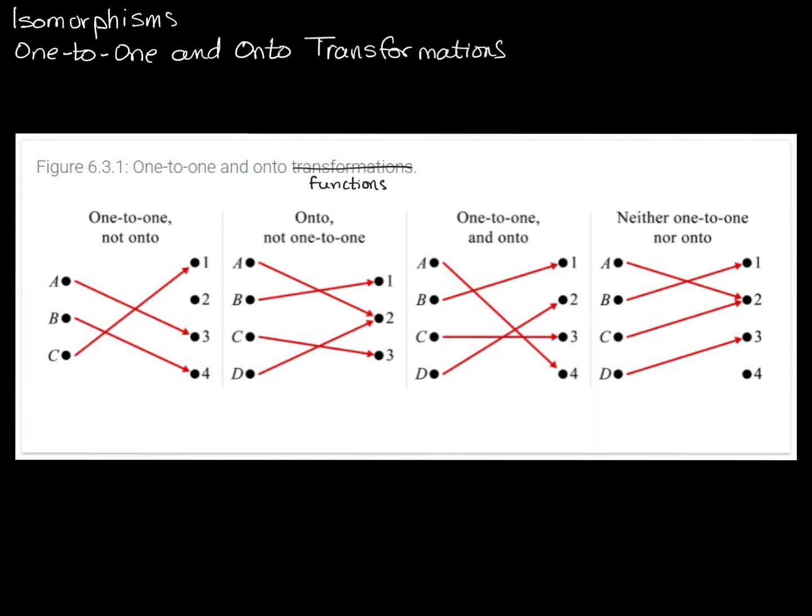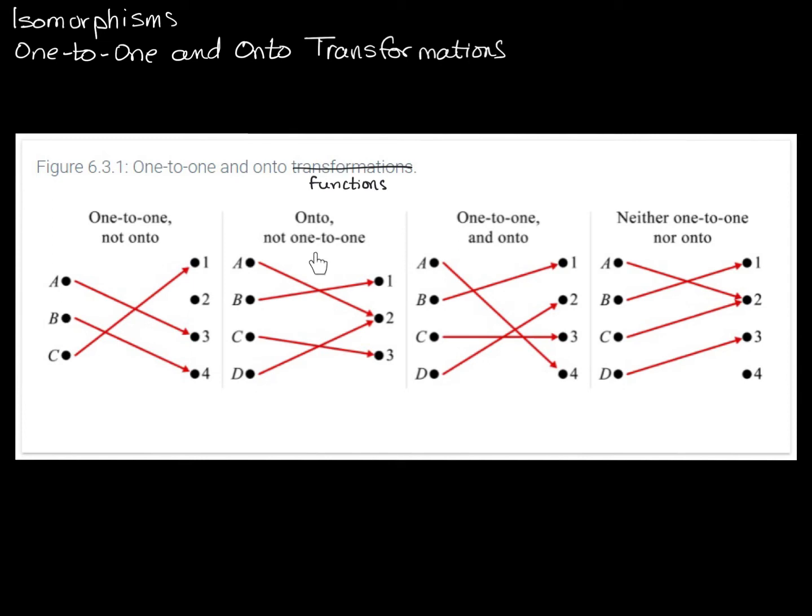That's what makes it a function. For every y, I can only trace back to one x, right? The fact that this y value doesn't trace back to anything is okay in terms of being one-to-one. Every value that I have in my range only maps back to one value in my domain.